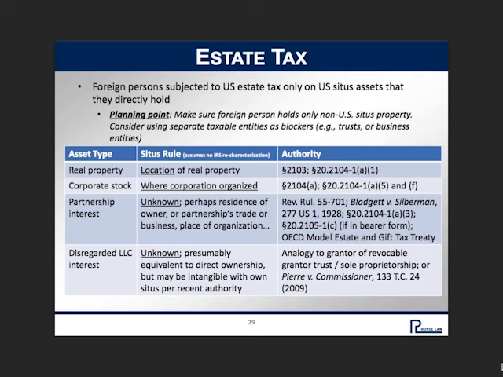If I make a gift of that Apple stock during my lifetime, that Apple stock is an intangible asset, and as an intangible asset, it is specifically exempted, not considered property in the U.S. It is specifically not subject to U.S. gift tax. If, however, I die and leave that Apple stock to my children through my estate, guess what? Big estate tax. So it's exactly the opposite of the currency rules.